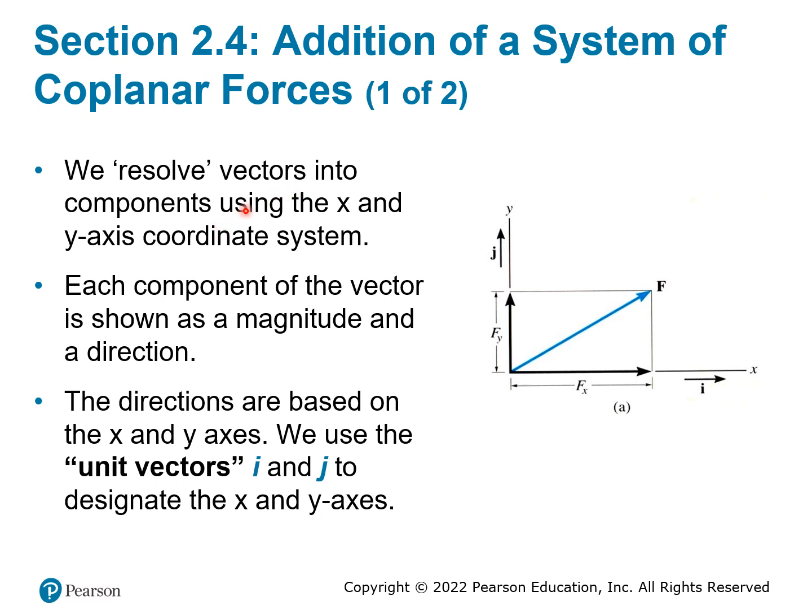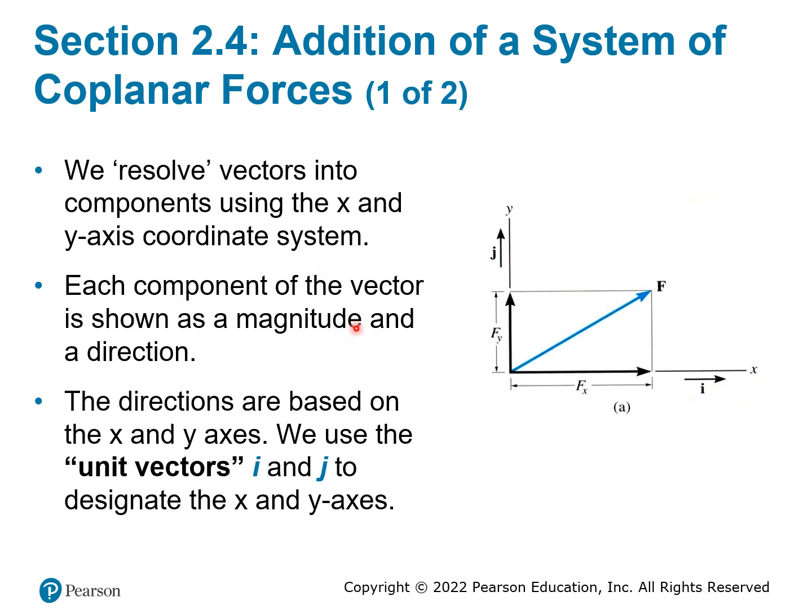As we said, it's better to decompose them into perpendicular components. The most common way is to use horizontal and vertical axes, which we call X and Y. The Cartesian is the name that we use for this X and Y coordinate system.